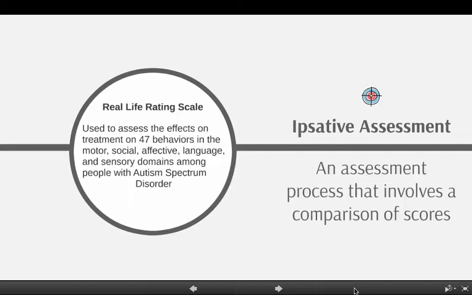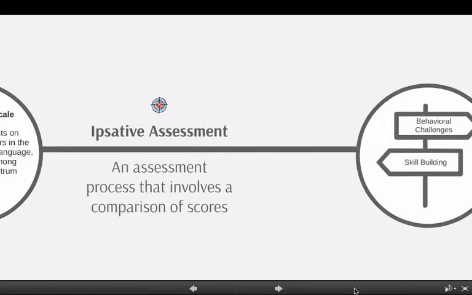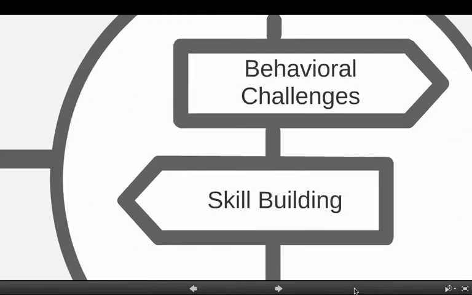So in an ipsative assessment, the initial baseline is taken, interventions are put in place as a result of being informed in terms of what the person's deficit areas are, and then the assessment tool is repeated again and again and again in order to make a determination as to whether or not the person is making progress. And when we use that style and that methodology, it's referred to as ipsative assessment, the assessment process.